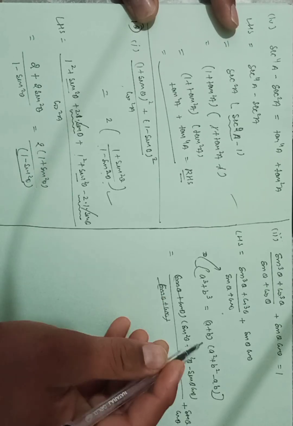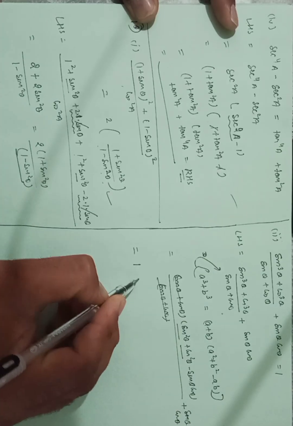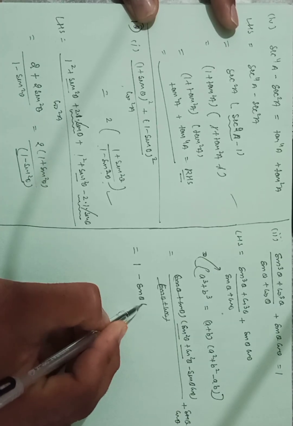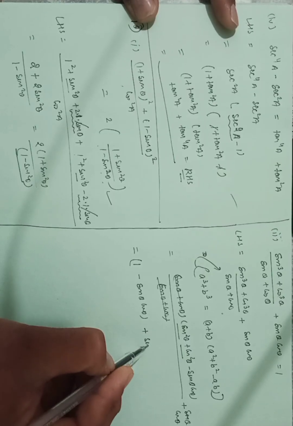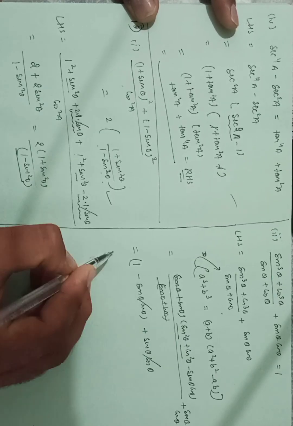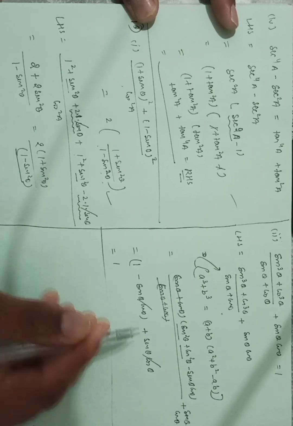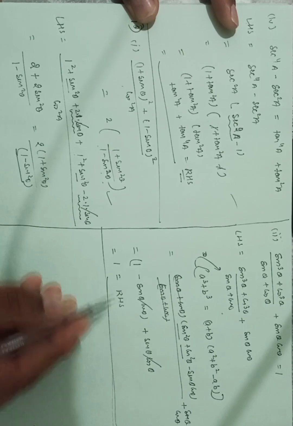So sin theta plus cos theta will be cancelled, and instead of sin square theta plus cos square theta I'll use 1 minus sin theta cos theta. And the last part of the question we have, so this one will also be cancelled and we'll be left with 1, and this is the exact thing we have to prove.